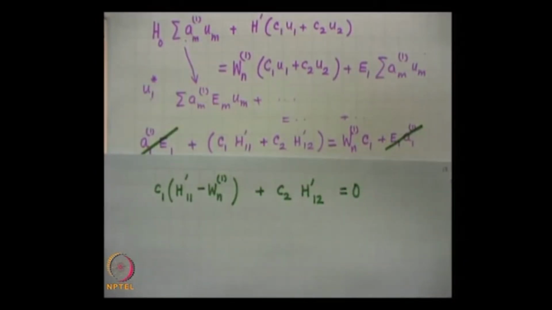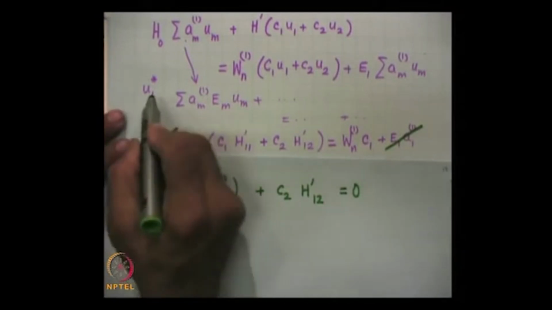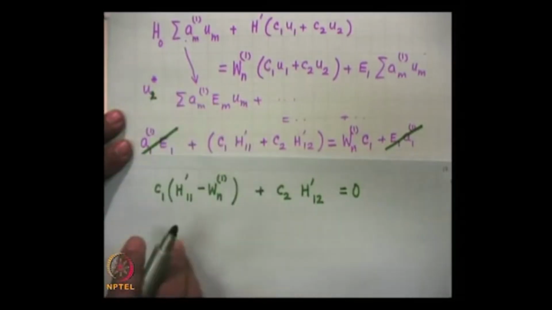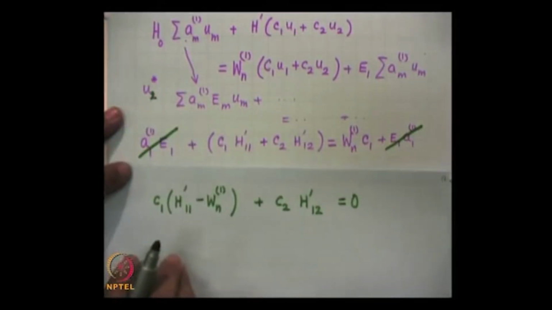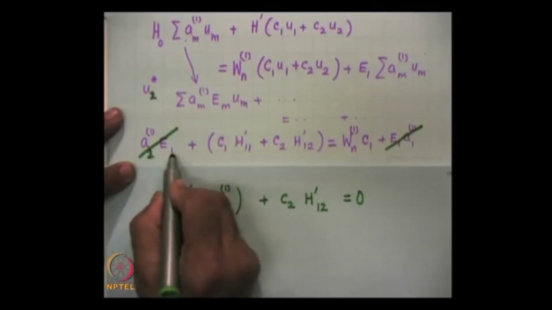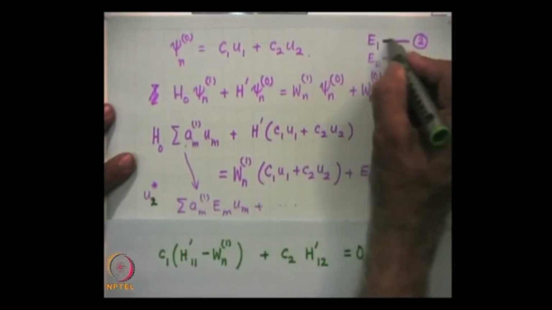This is one equation. Then I multiply by U2 star and integrate. So, this will become A21 E1, because E1 is equal to E2.